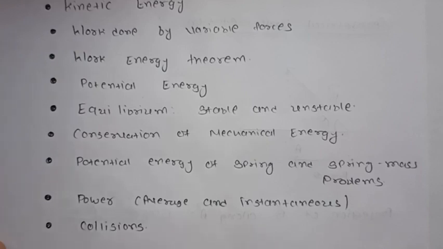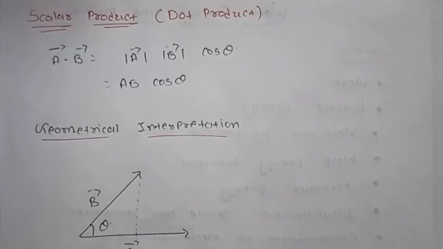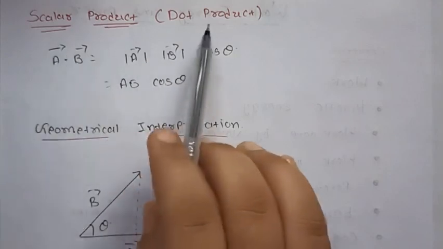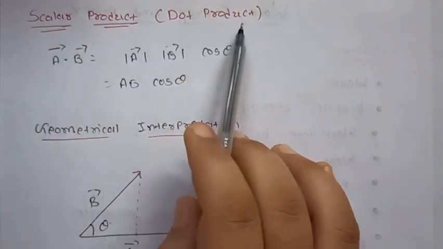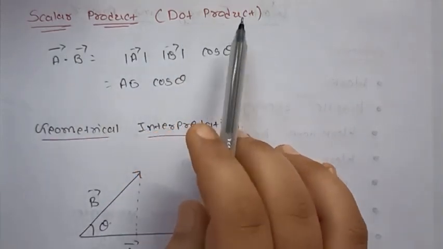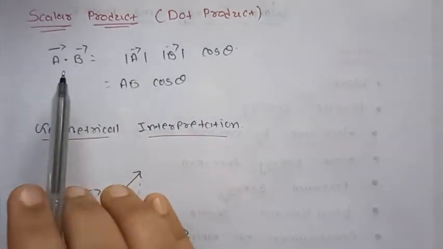So let us begin with the first term, work. Before understanding work and its formula, we have to understand the scalar product, also called the dot product of vectors. The dot product is denoted by a dot.